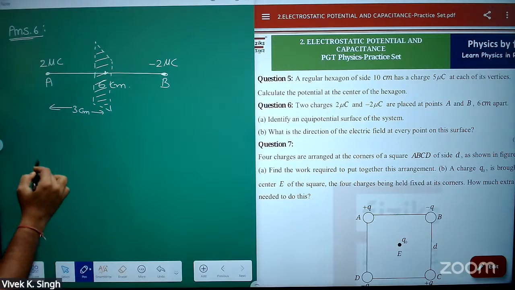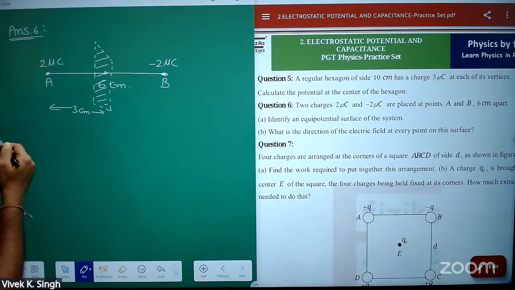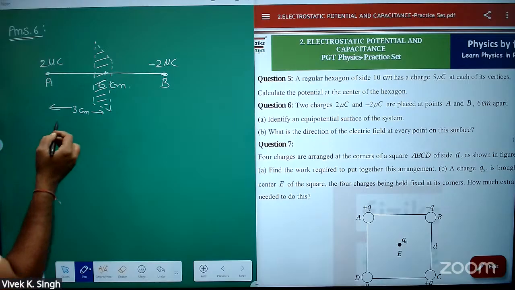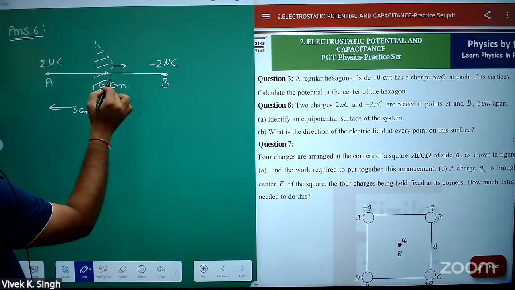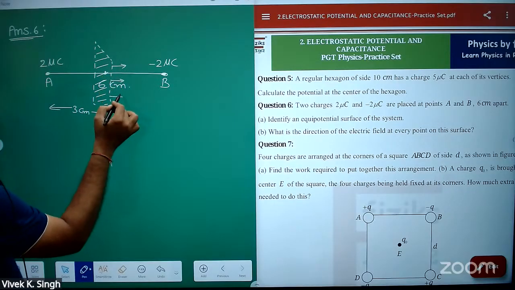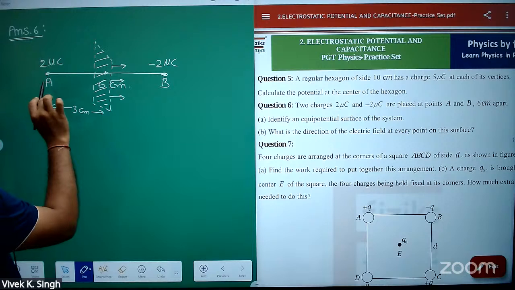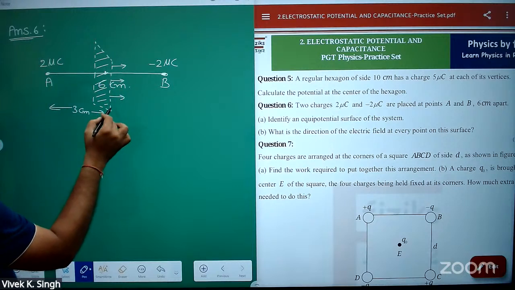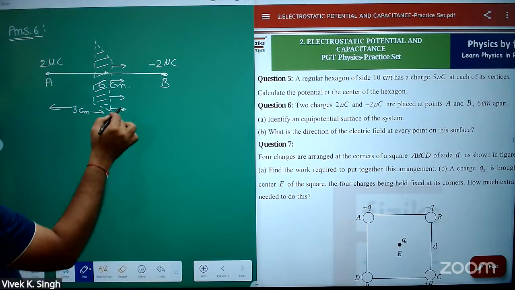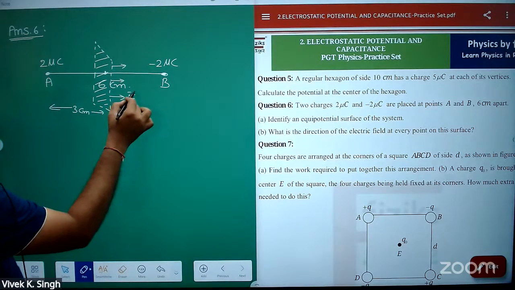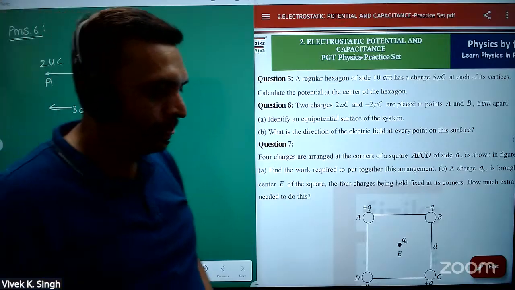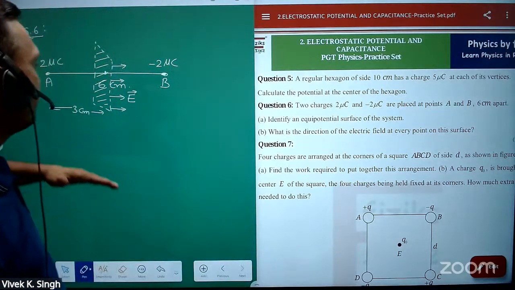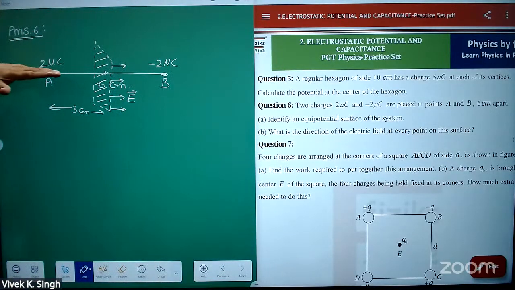And what will be the direction of the electric field at every point on this surface? So electric field will be perpendicular to it. Just draw a perpendicular line in the direction from A to B. This will be the direction of the electric field, perpendicular to the equipotential surface, and this will be directed from positive charge to negative charge.